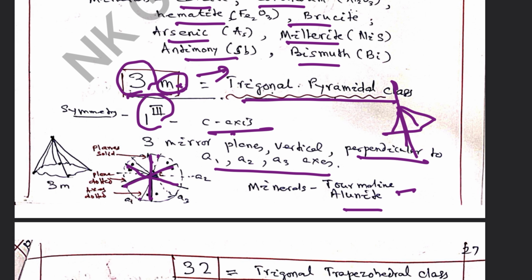So naturally, each face will be divided into 2. So there will be 6 faces. That's why it is ditrigonal, or it is said to be trigonal pyramidal class. It is trigonal pyramidal class 3M.